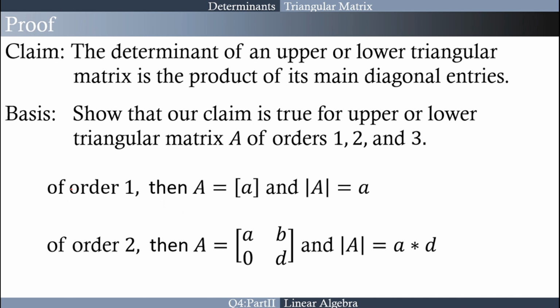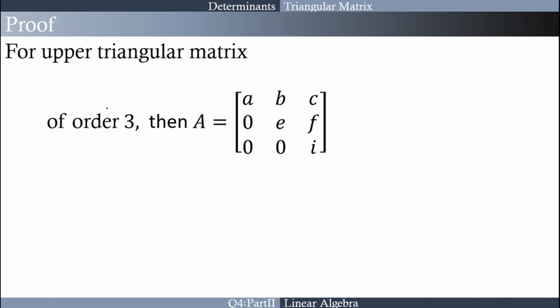If we have a 2 by 2 matrix A, then A is equal to the matrix with entries a, b, 0, d, and its determinant is the product a times d. Another example: if we have a 3 by 3 upper triangular matrix A, then A is equal to the matrix a, b, c, 0, e, f, 0, 0, i.